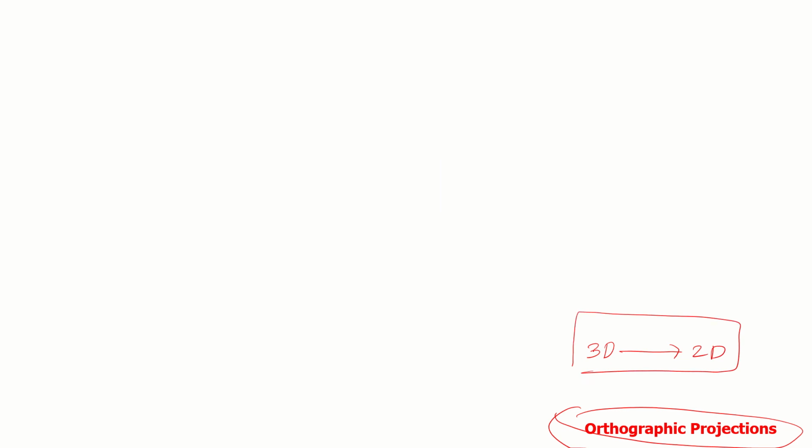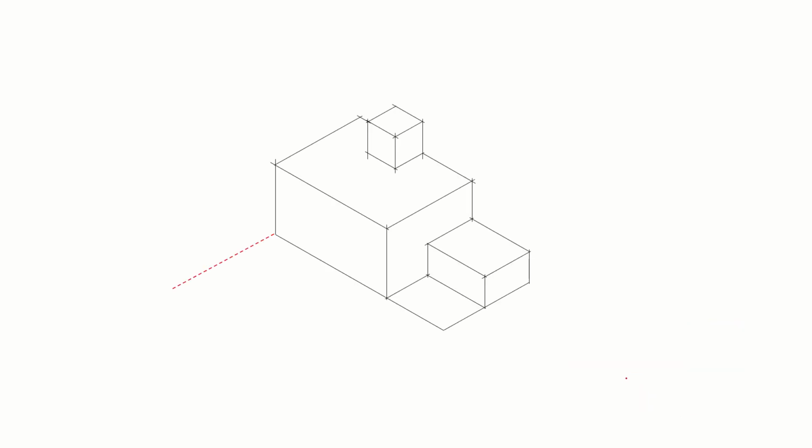So in this case, we need a 3D first, right? My suggestion is you should always use an isometric 3D base for generating orthographic drawings. Why?